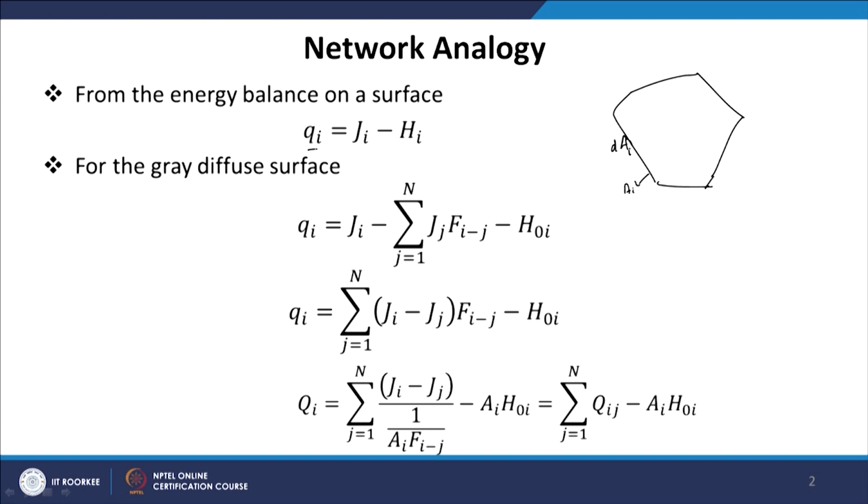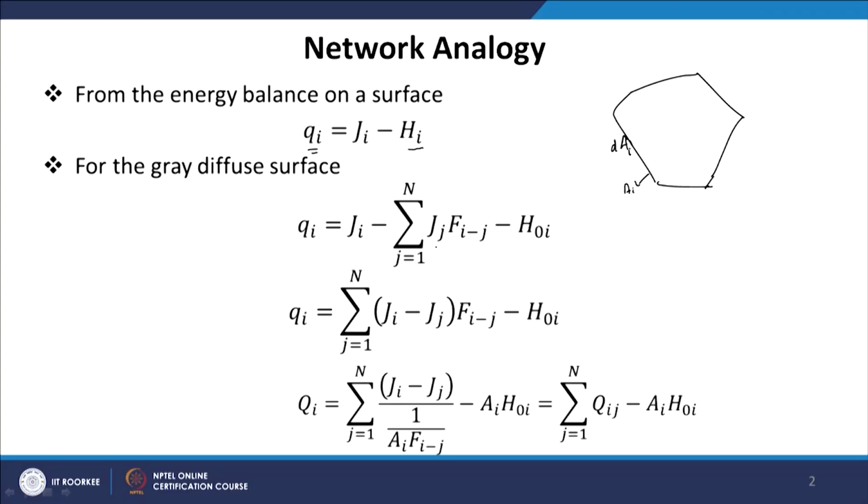The flux Qi is basically the difference between the radiosity, which includes the emission and reflection, minus total irradiation. So, this is the heat flux or energy balance on surface i. Qi is equal to Ji minus Hi.